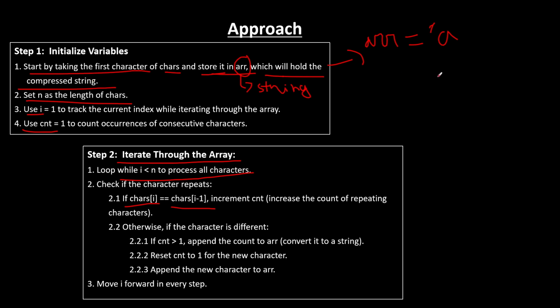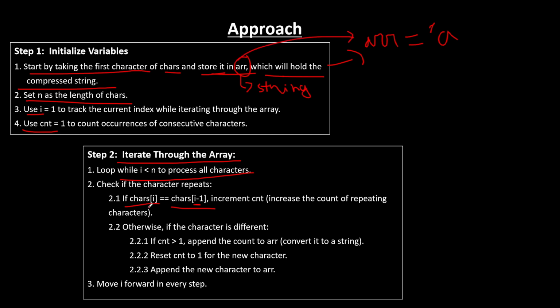So somewhere we have to start, right? If we start from i equals 1, we don't know what was at i equals 0. And if we start from i equals 0, then we cannot fulfill the condition of i minus 1 because it will throw a garbage error. That's why we are storing it in the string variable array.